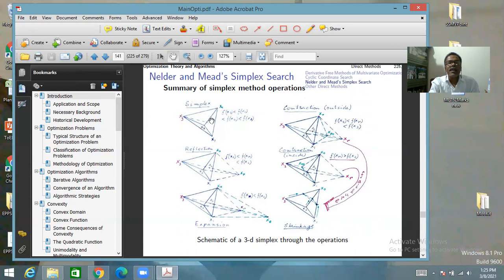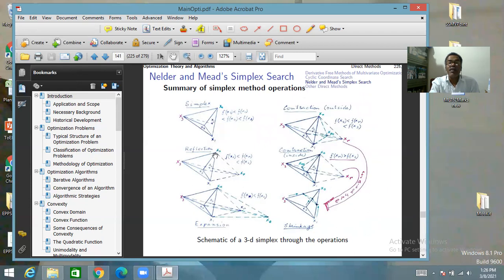And the centroid of the remaining points is xc. Then the reflection operation produces this as xr, and you accept it if the function value is between the function values at x0 and xn minus 1, which in this case is x2.